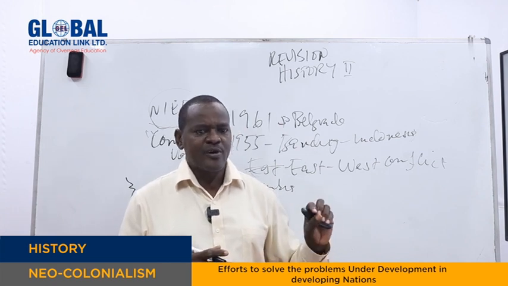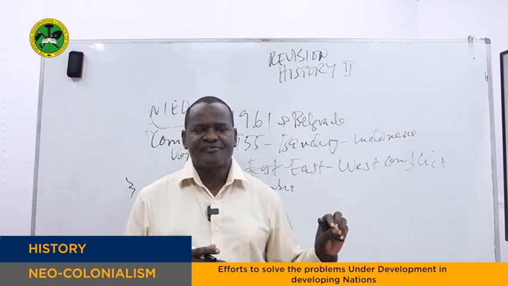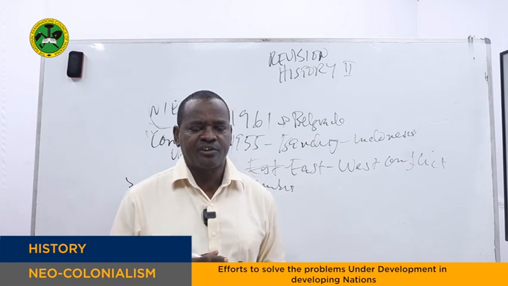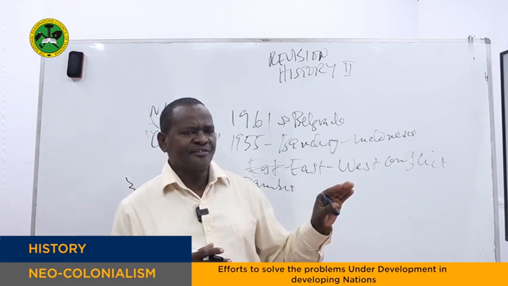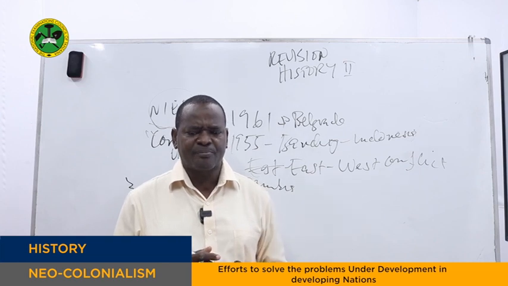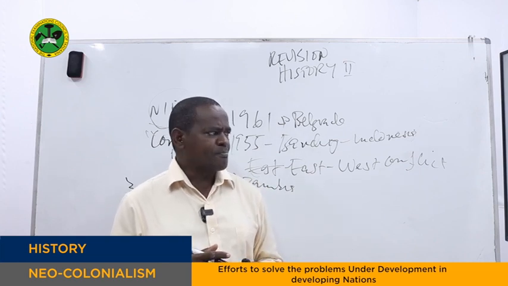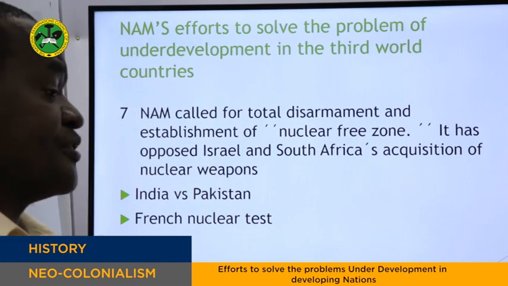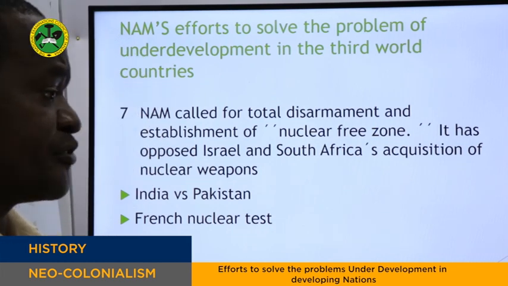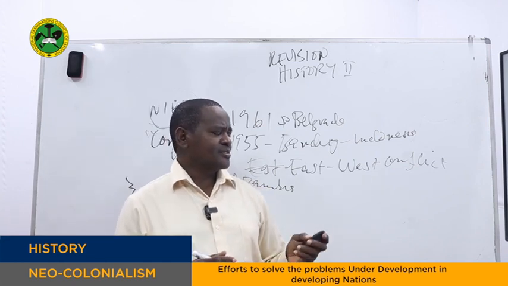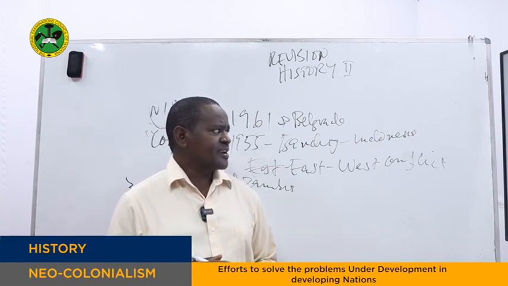So they were listed by NAM as countries which had policies against humanity, and they opposed Israel and South Africa acquiring nuclear weapons. They also wanted to bring to the negotiation table India and Pakistan, who are nuclear powers but also traditional enemies. So that is again another very important contribution of NAM.